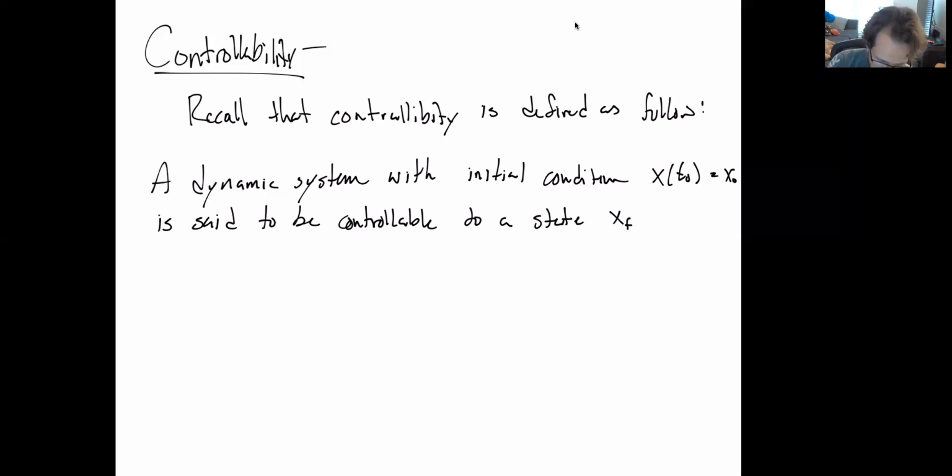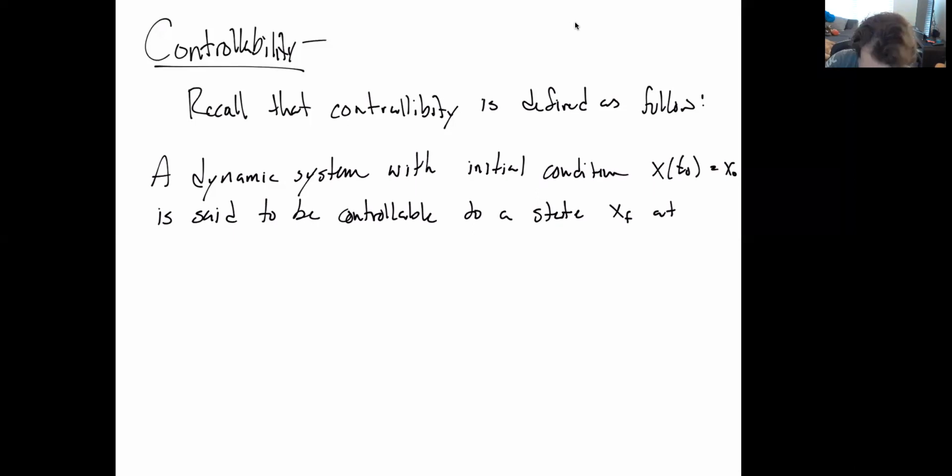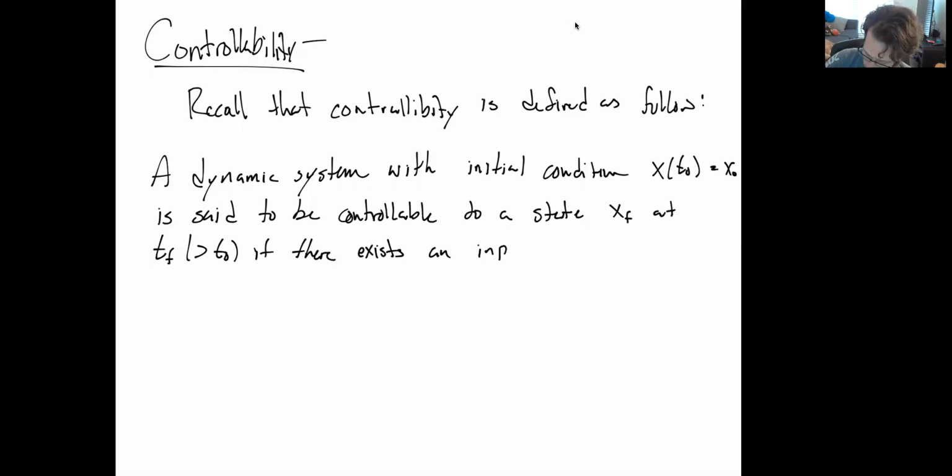In the last definition I said envelope, but we can consider it, as I mentioned, as just a point at time tf, which is greater than t naught, if there exists an input u of t such that the solution at time tf is equal to the state point x sub f. All right, so what does this look like?